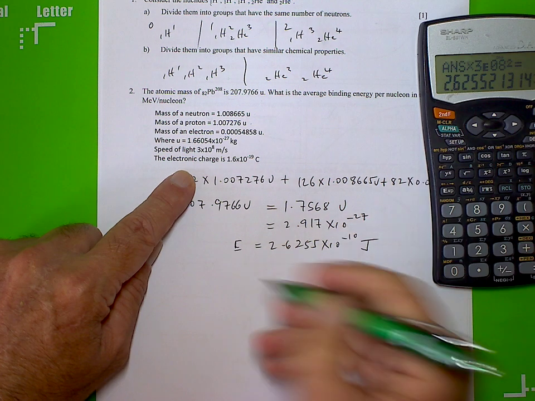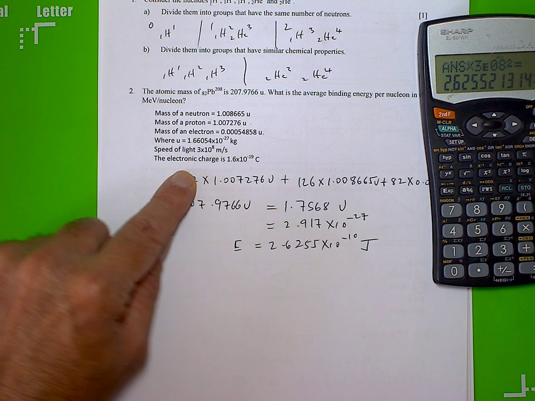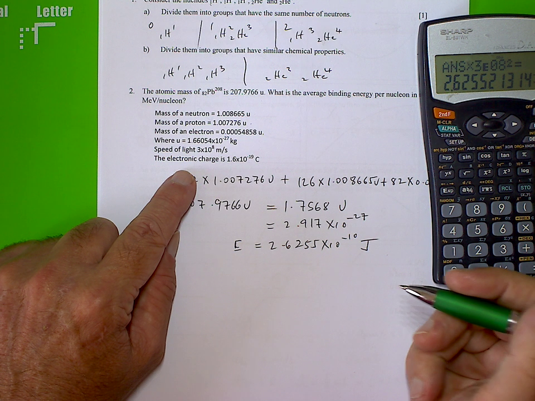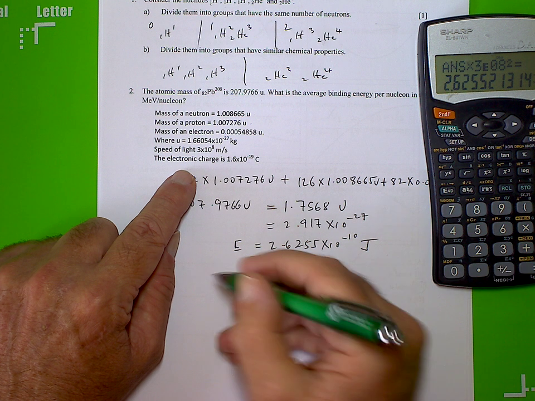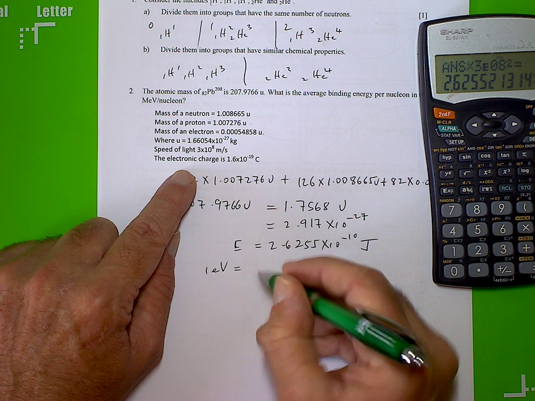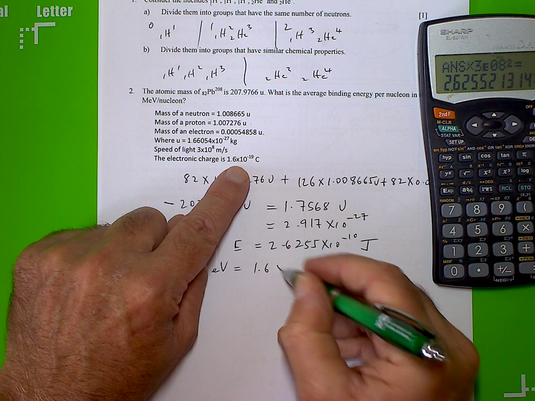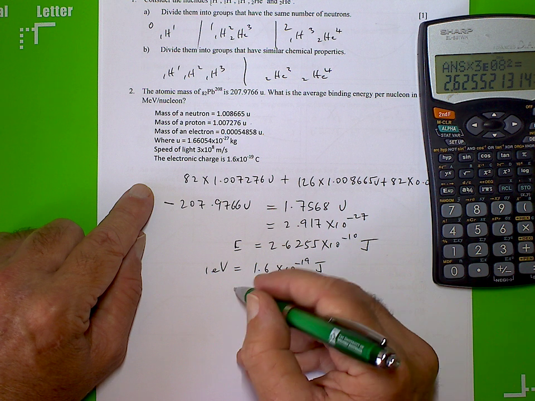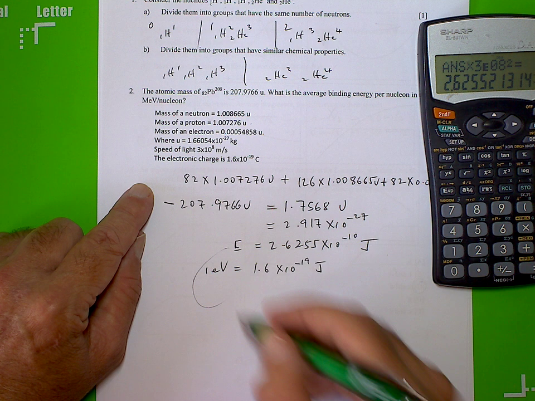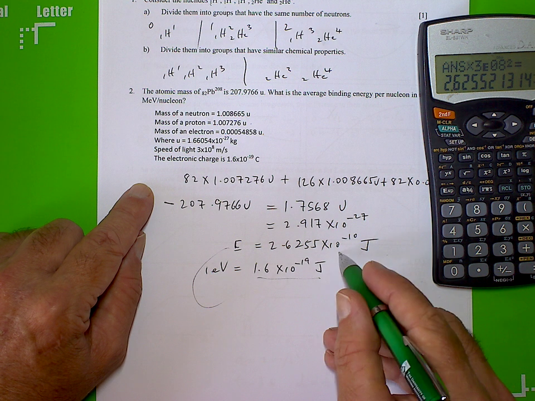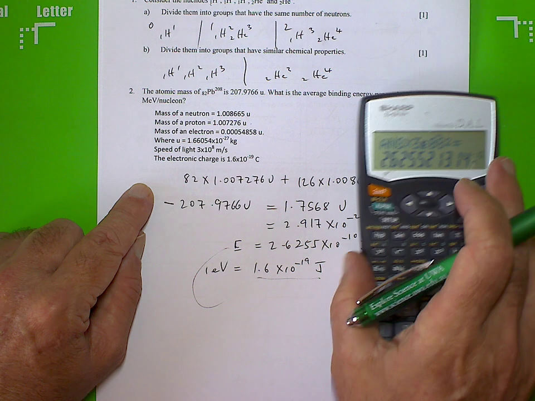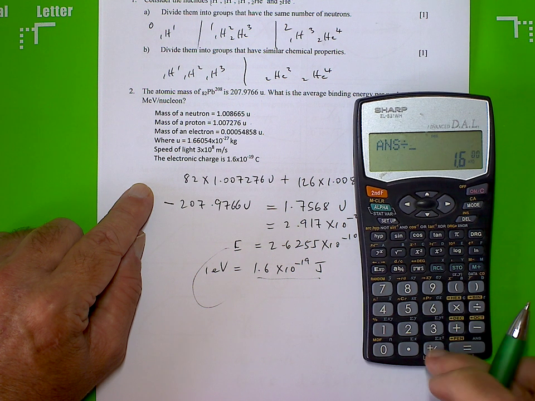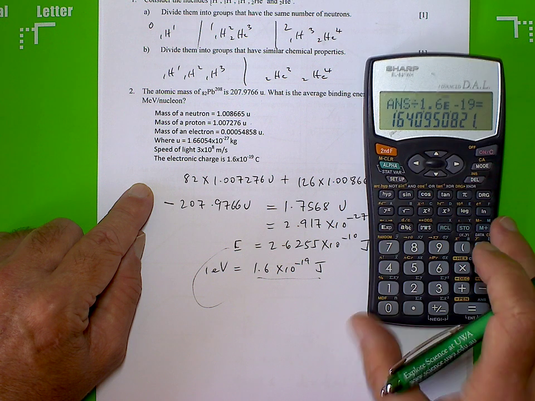Okay, now 1 electron volt equals 1.6 by 10 to the minus 19 joules. So therefore, if I divide it by this, that'll give me the number of electron volts. So divide it by 1.6 times 10 to the minus 19.